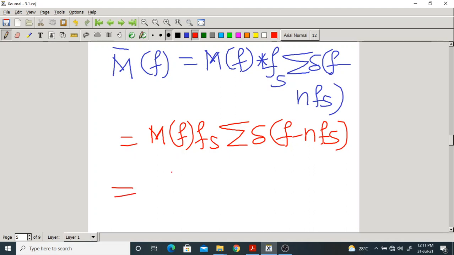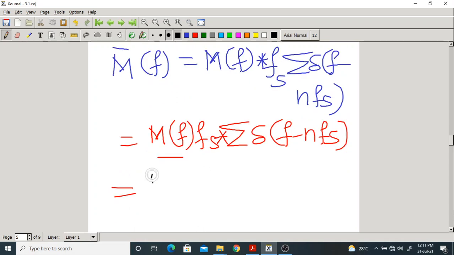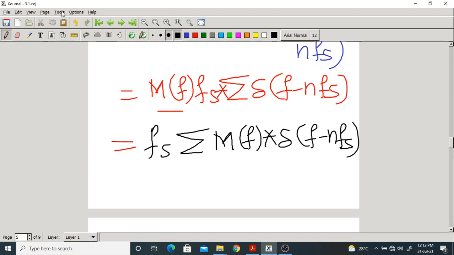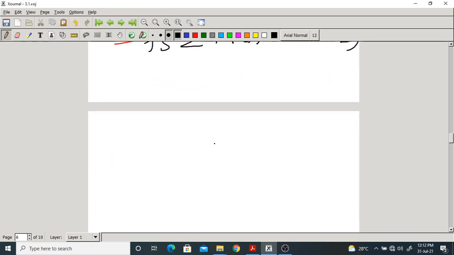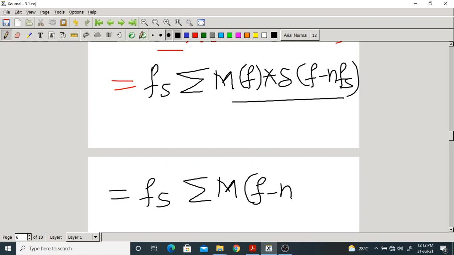Obviously, you can take this m of f inside the summation, then it becomes fs summation m of f convolution delta of f minus nfs. Then what happens? That equals fs summation m of, this is a property of convolution, f minus nfs.